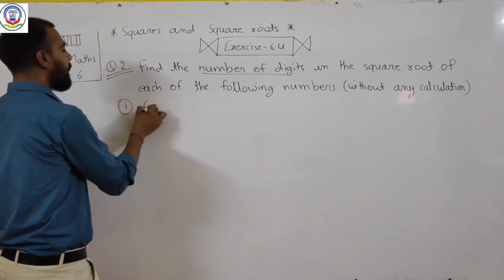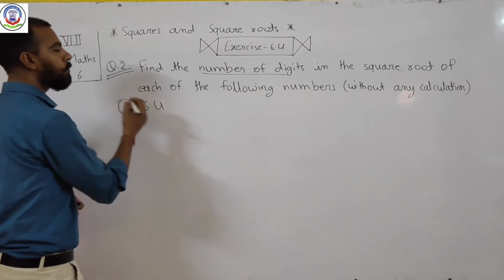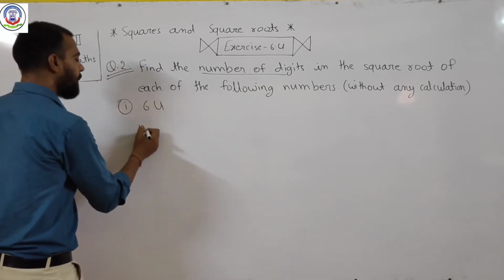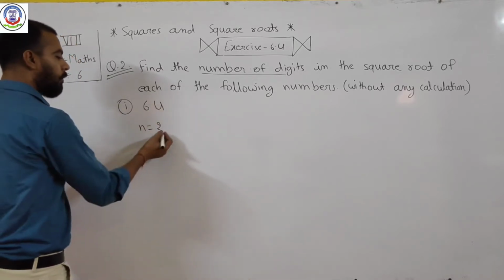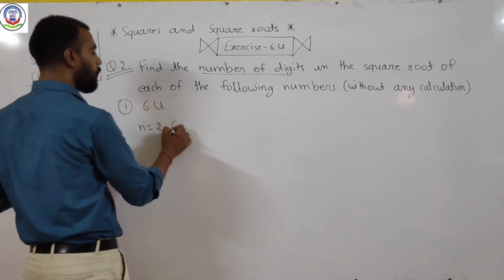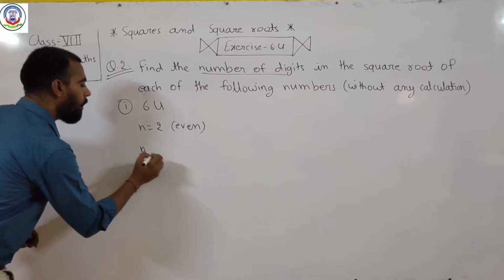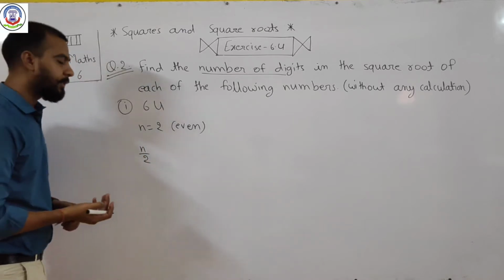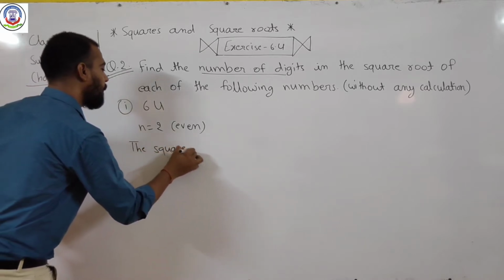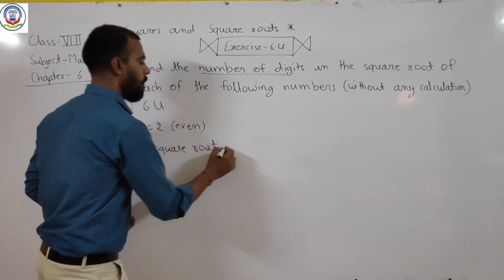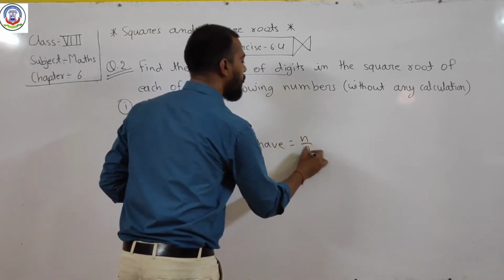Suppose the first number is 64, and 64 has 2 digits. That means the number of digits in 64 is 2, and 2 is an even number. Then the square root will have n upon 2 digits.